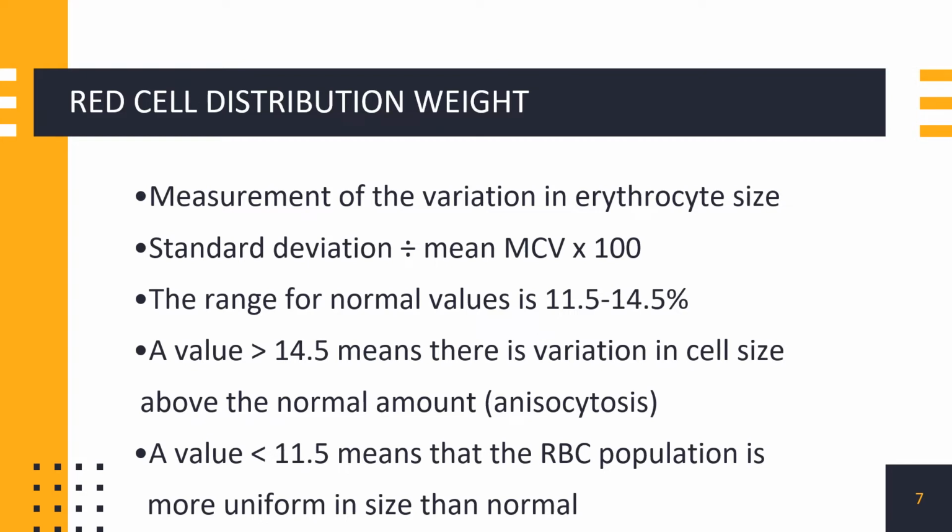A value above 14.5 would indicate that there is a variation in red cell size above the normal amount, and this is considered as anisocytosis. If the value is below 11.5, it would mean that the RBC population is more uniform in size than normal.